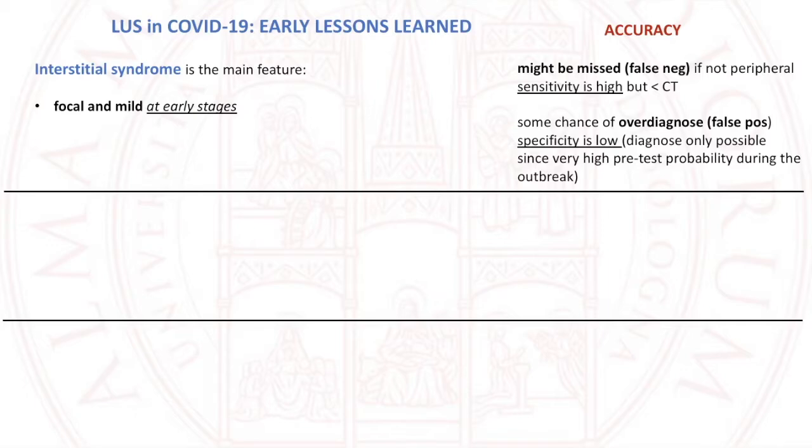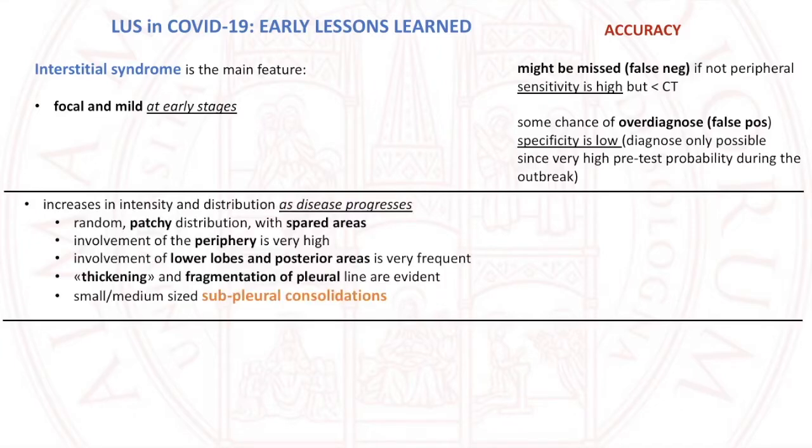And there are some chances, of course, of overdiagnosis, since the specificity of such a pattern is not very high. It might become higher since the pre-test probability during the outbreak is very high. As the disease progresses, the pattern fully develops, which means a random and patchy distribution of interstitial syndrome with spared areas in between.